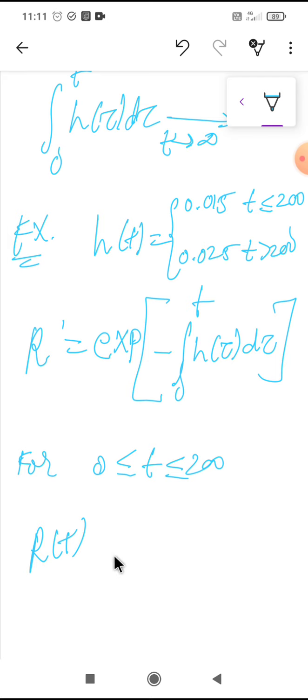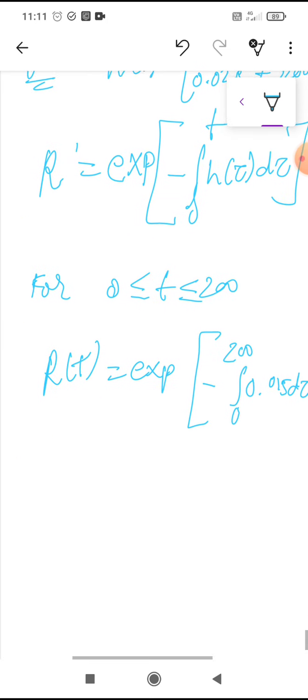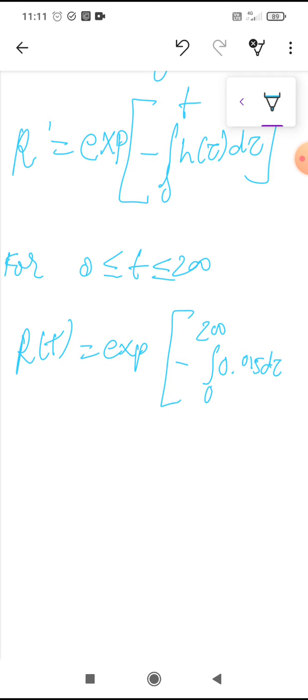So R of t will be equal to exp of minus the integral from 0 to t of 0.015 d tau.